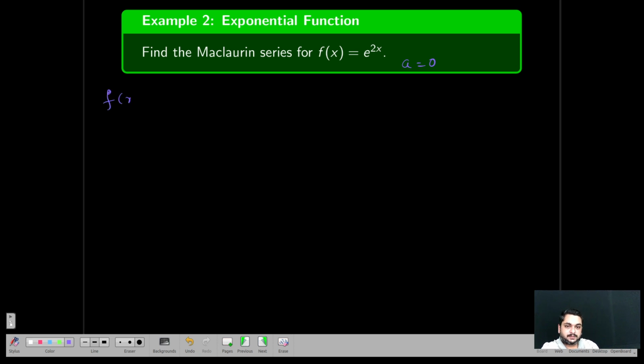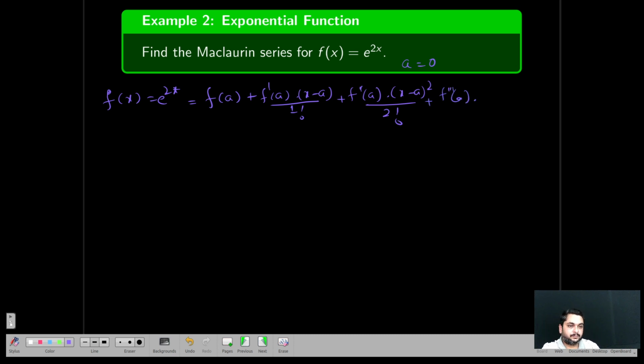So how will I write my Taylor series? f of a plus f dash of a into x minus a divided by 1 factorial, plus f double dash of a into x minus a whole square divided by 2 factorial, plus f triple dash of a into x minus a whole cube divided by 3 factorial, and so on till infinity.